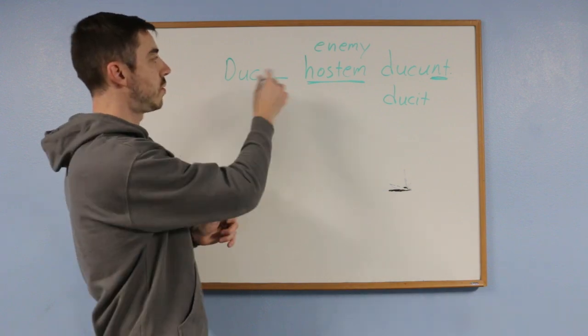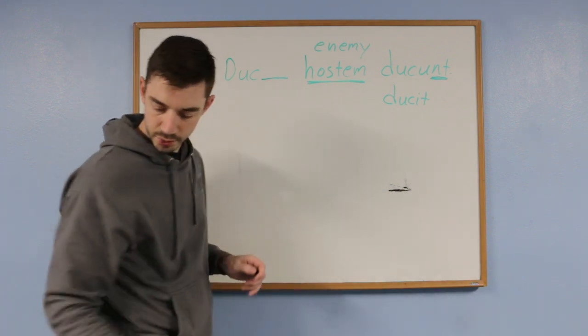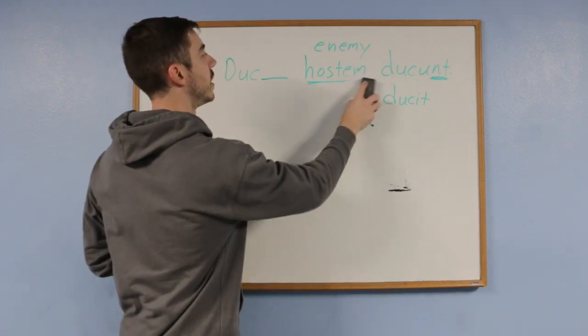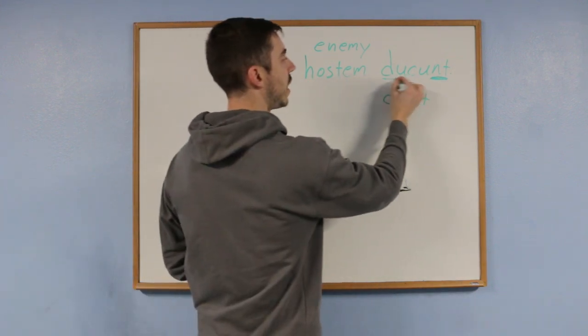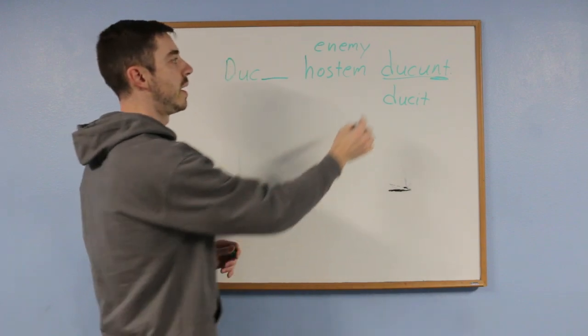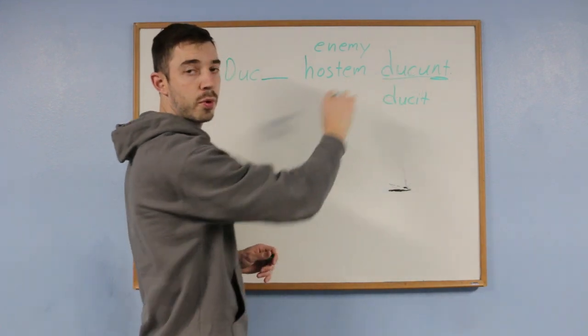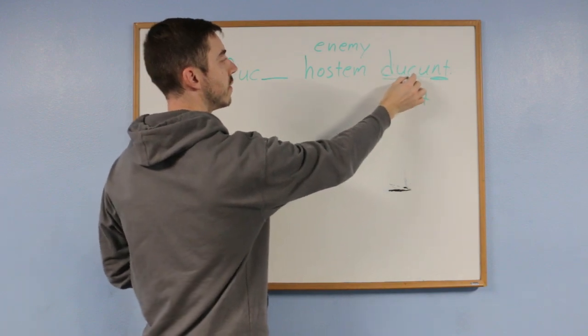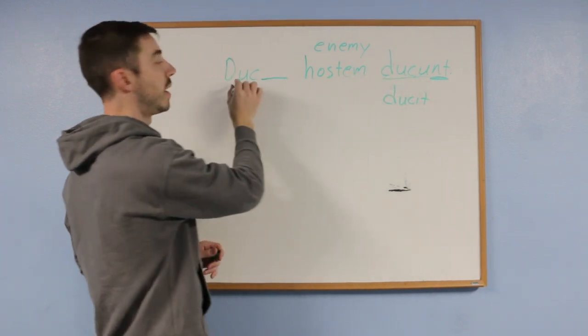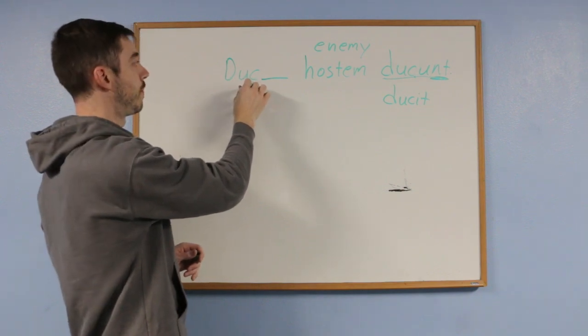And so what you can do here in this sentence, I underlined the direct object, but you can underline the verb, okay? And now you see this is a third person plural, right? Ducunt. And so since the verb is plural, the noun must also be plural.